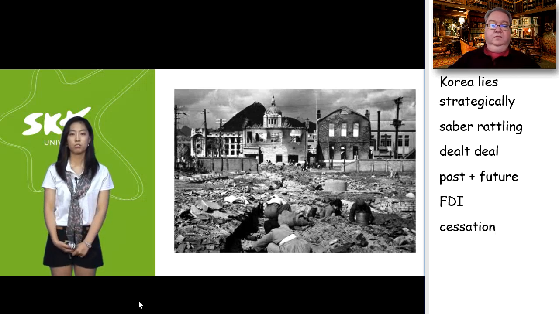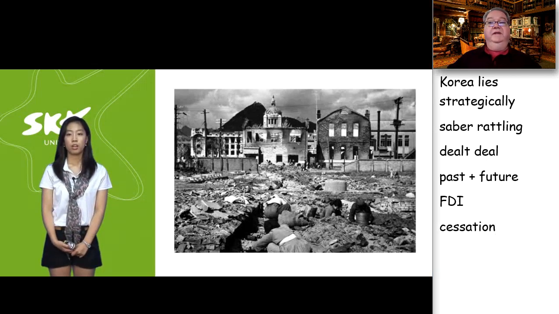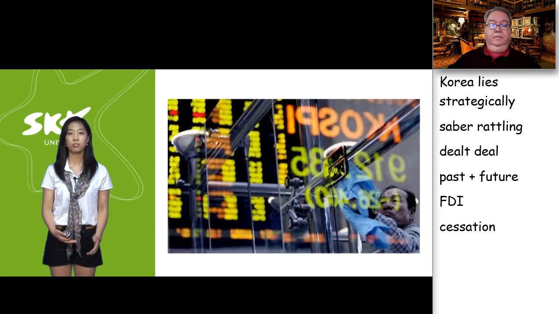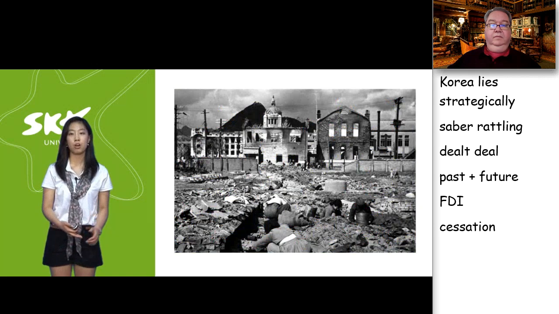She talks about the cessation of fighting, meaning the stopping, the end of fighting. Remarkable given that at the cessation of fighting in 1953, the Republic of Korea was one of the poorest countries in the world and viewed as an international quagmire.